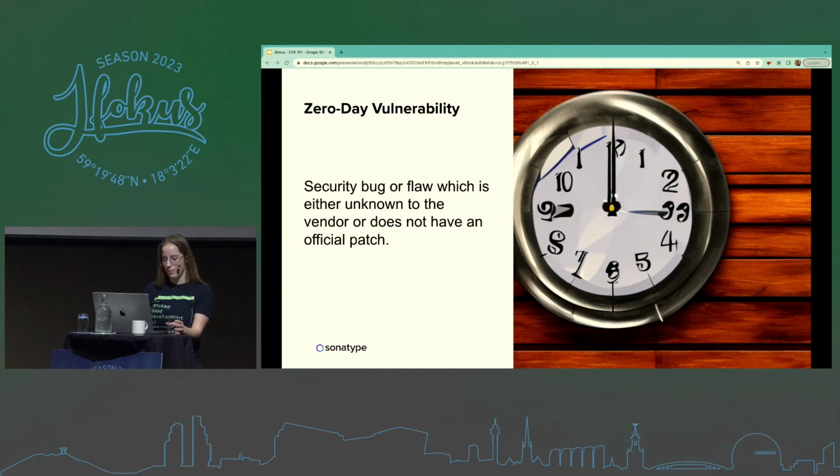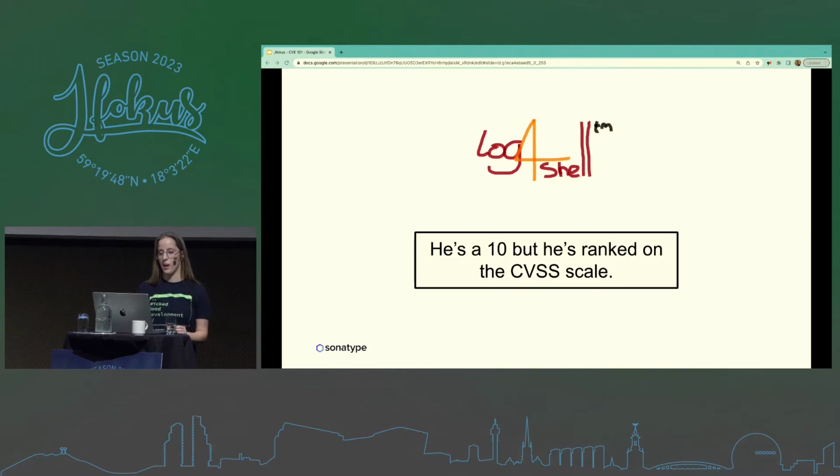So these disclosure processes, just like the process of reporting CVEs, can also be pretty messy. I'm sure you're all pretty familiar with Log4Shell at this point. This was a vulnerability that came out late last year in the Apache Log4j package.